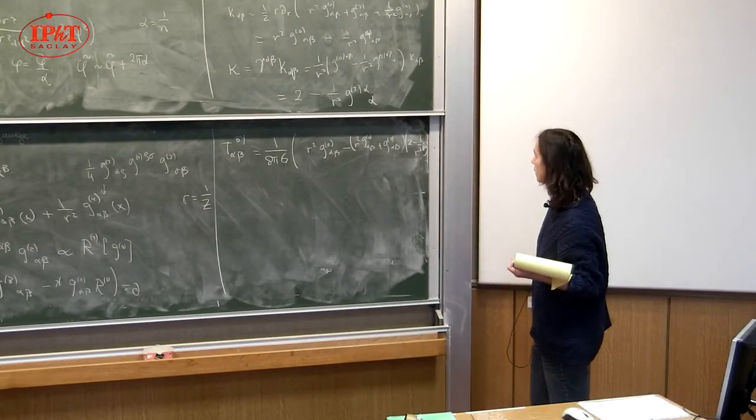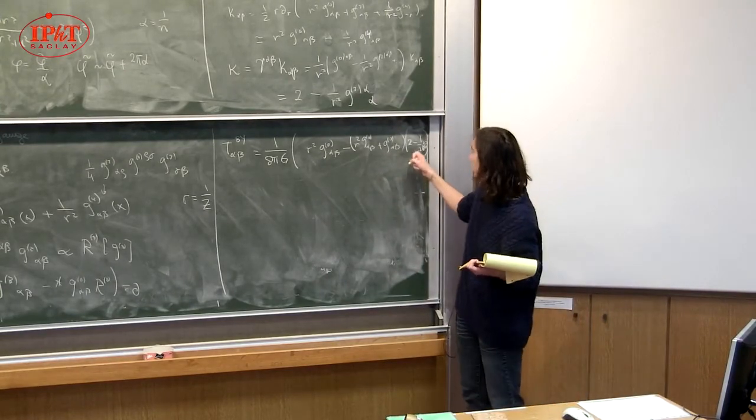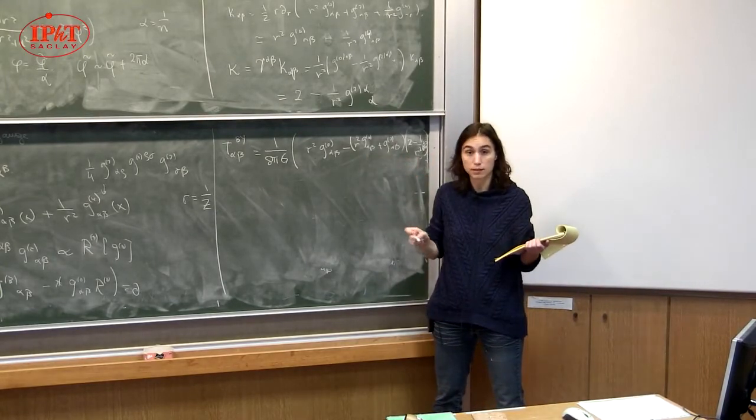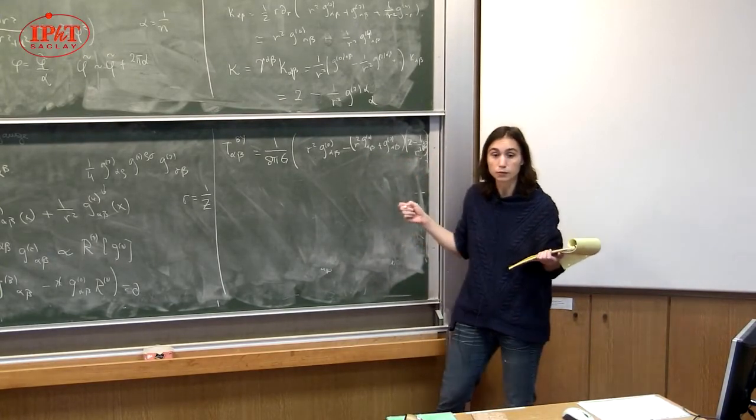And you immediately see a problem here. The problem is that this is 1 r squared minus 2 r squared, so this stress tensor actually blows up as r goes to infinity.